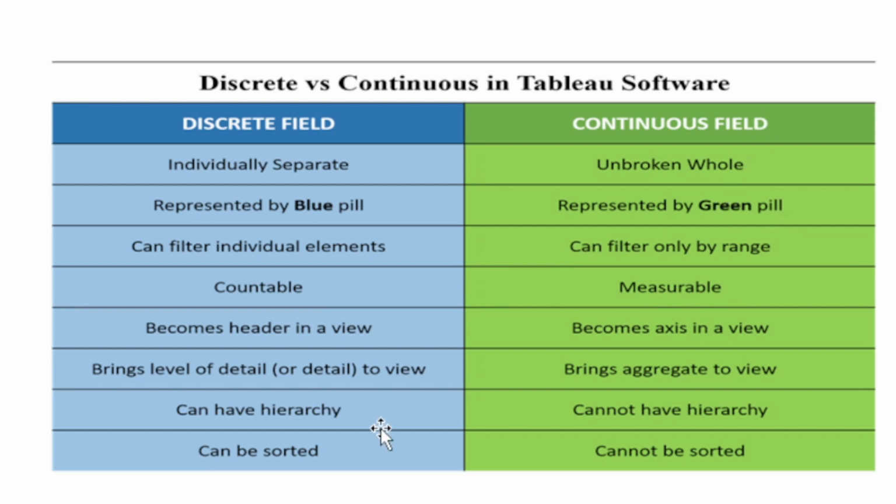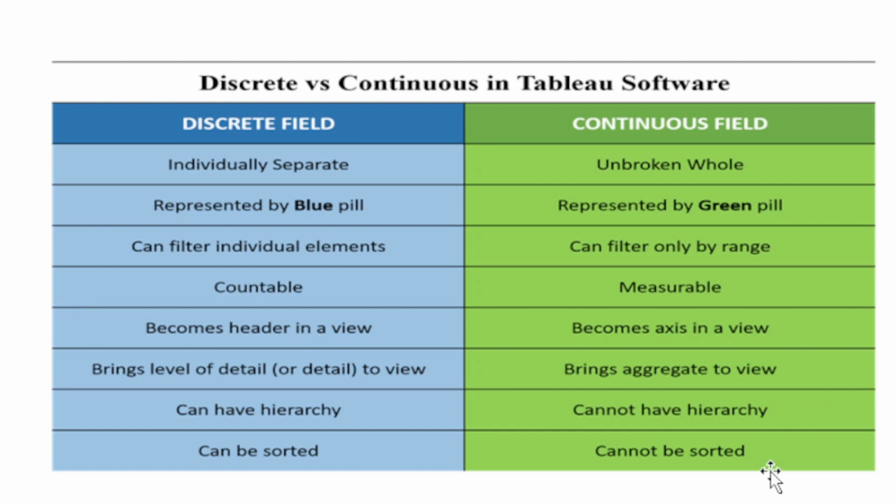A discrete field can have a hierarchy, a continuous field cannot. You can sort the data as per a discrete field, but not a continuous field. You can filter individual elements, because we have categories, so you can filter one category. But with a continuous field, you can filter in a range only. I will show you everything.